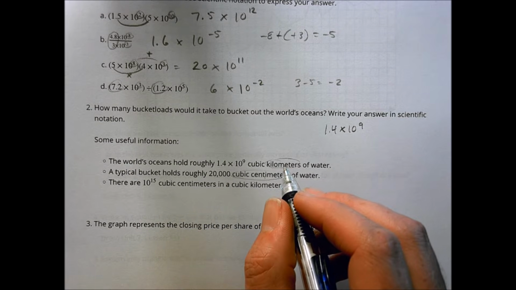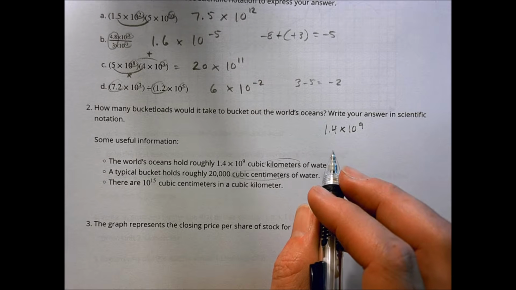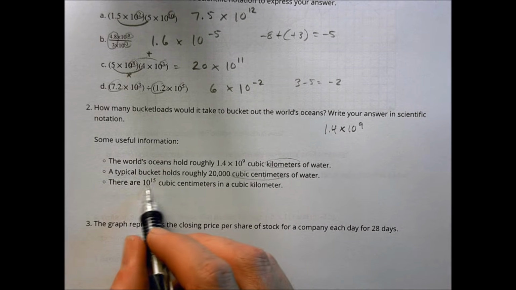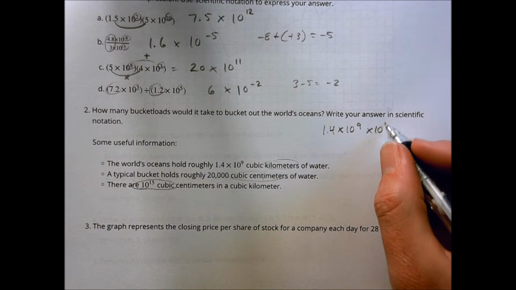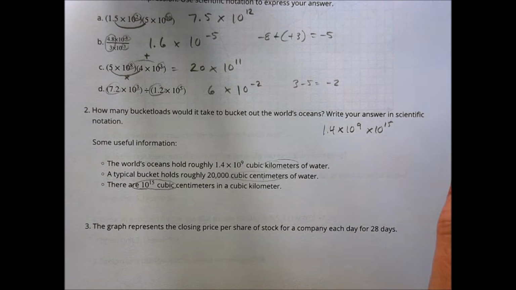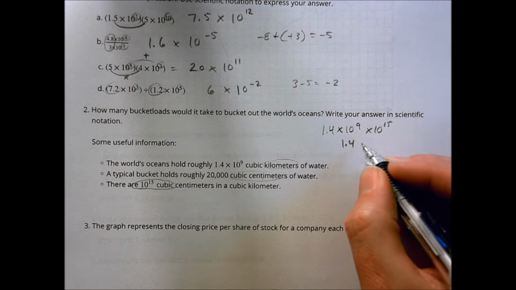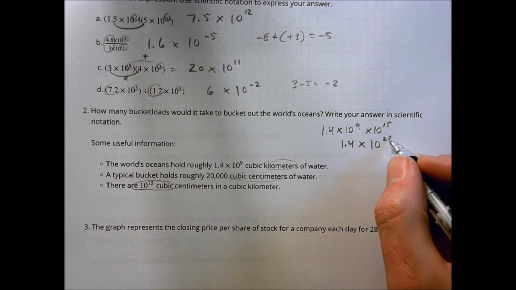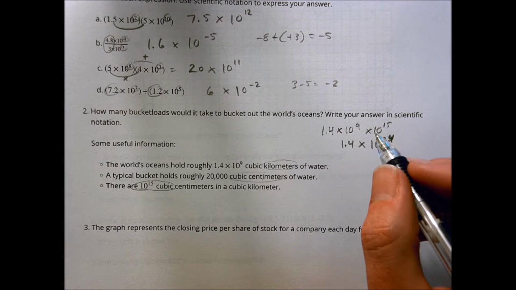So to do that, we're going to multiply that by 10 to the 15th. When I multiply that together, I can keep the 1.4 the same, and that's going to be times 10 to the 24th power. All right, so that's about how many cubic centimeters there are in the whole ocean.